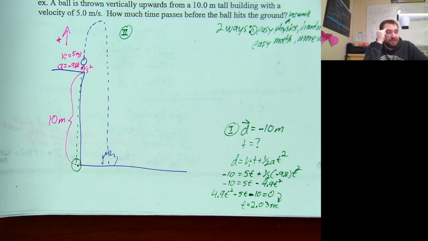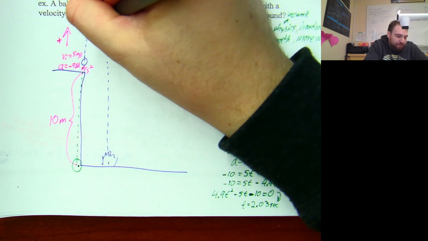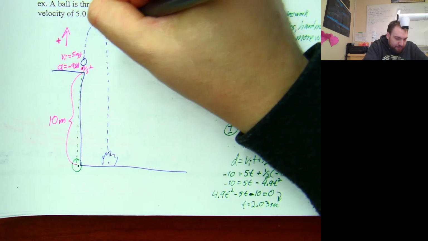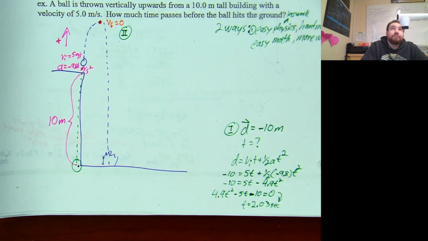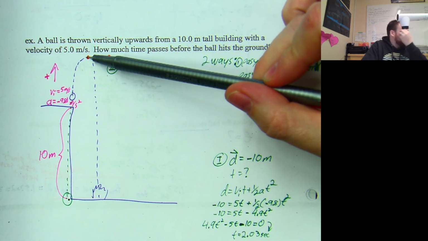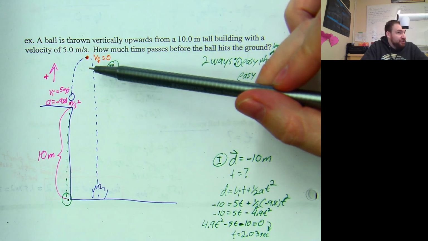What other two spots on the path of the ball could we talk about specific values for things? At the top of the arc, what can you tell me about the ball? At this point right here, VF is going to equal 0. This is the location that is actually really useful to us.